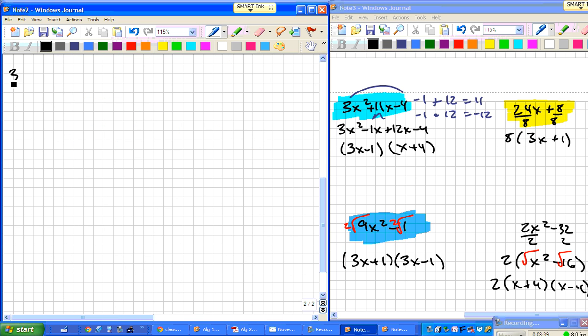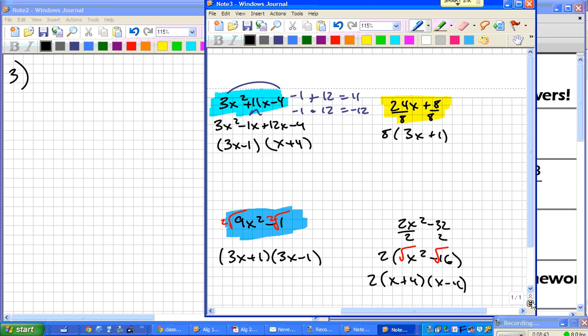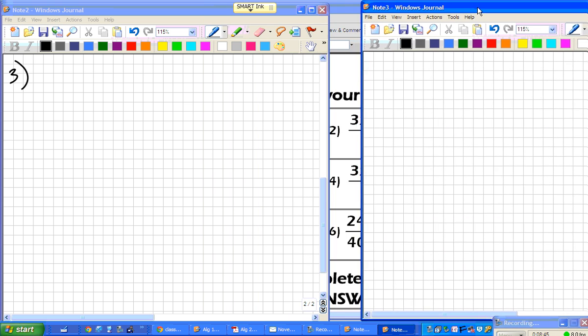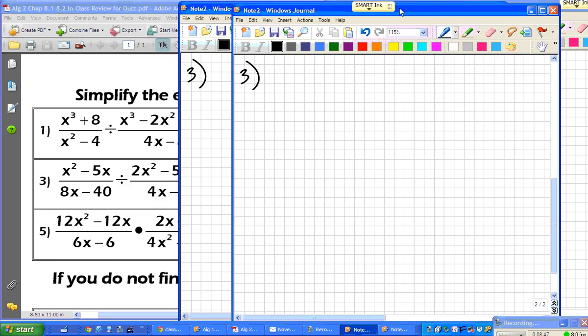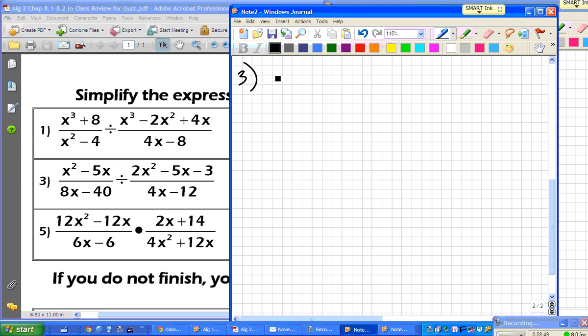All right, next one is number 3. So I think number 3 is over here. So x squared minus 5x all over 8x minus 40 divided by 2x squared minus 5x minus 3 over 4x minus 1. Okay?